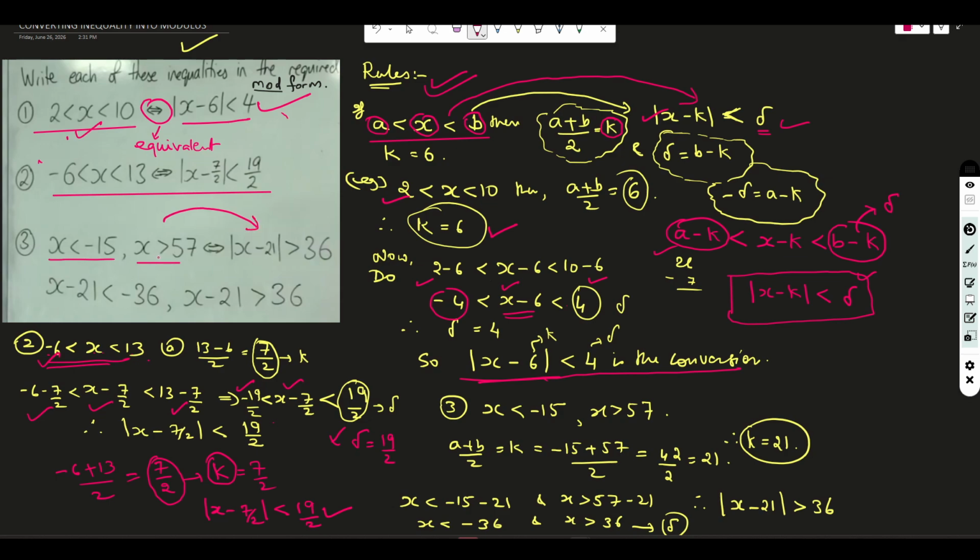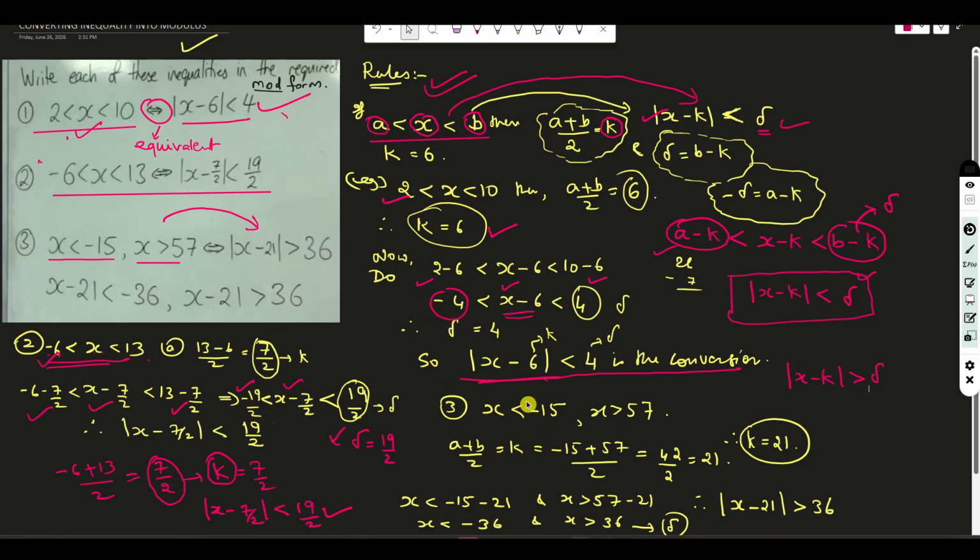Here also the inequality will be of the same form, modulus of x minus k greater than delta. Now here you have to see how to find k and delta, same as in the earlier two cases.